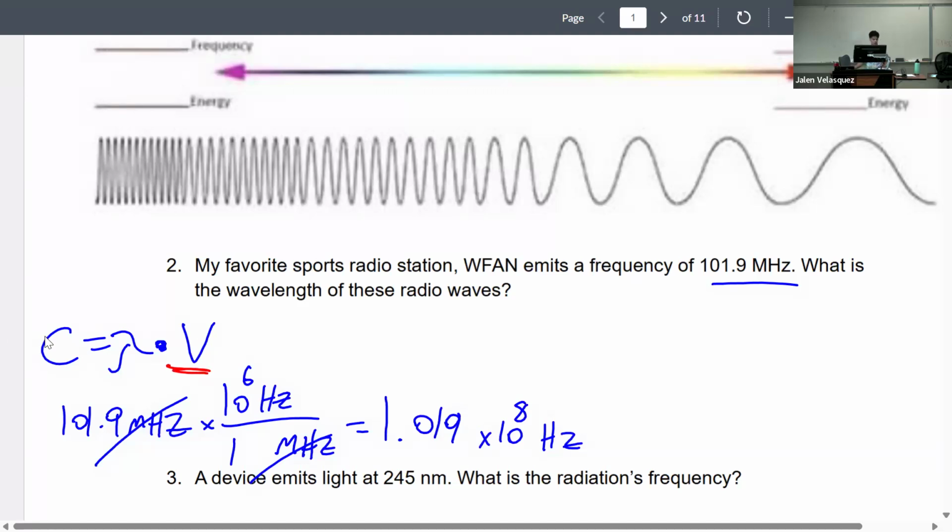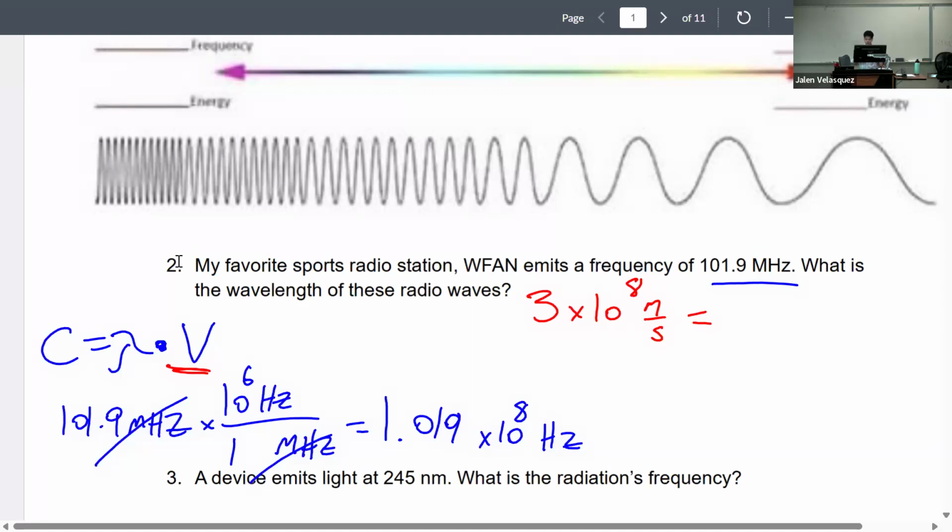So what do we plug in for c in this equation? Good. So what was that again? What's this number represent? Speed of light, right? And it's a constant, it never changes, ever.